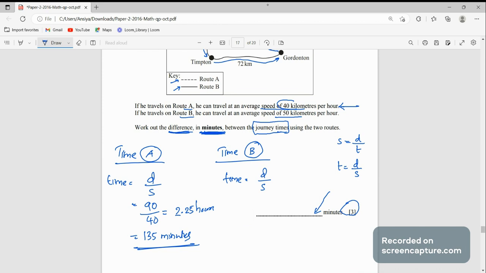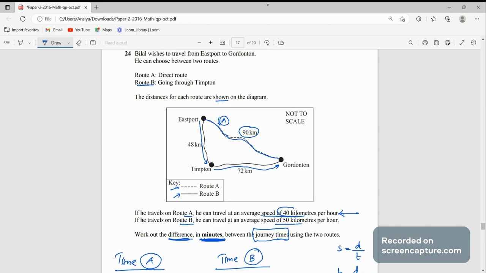Do the same for route B. We know the equation time equals distance by speed. Look at the distance. Route B means this dark line. First 48 kilometers, then 72 kilometers. Add them to get the total distance. What is 48 plus 72? 120. Now, what is the speed?